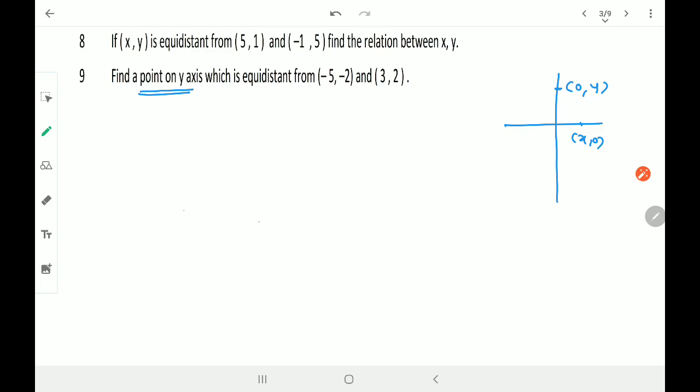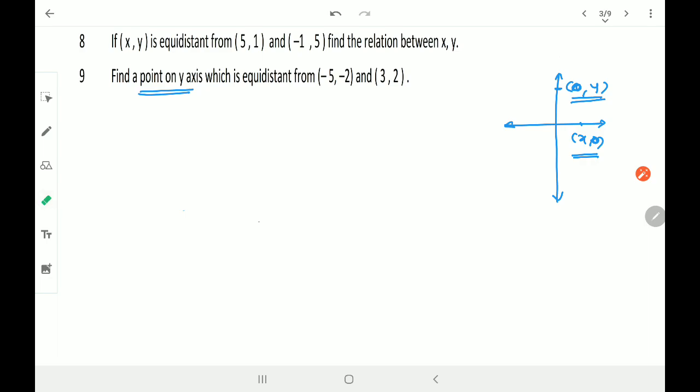This is a very important point that you understand here: any point on the y-axis is always written as (0, y), and any point on the x-axis is always written as (x, 0). Last year also we discussed it. The x coordinate of a point on the y-axis is 0, and if the point is on the x-axis, the y coordinate is 0. Okay, remember that.